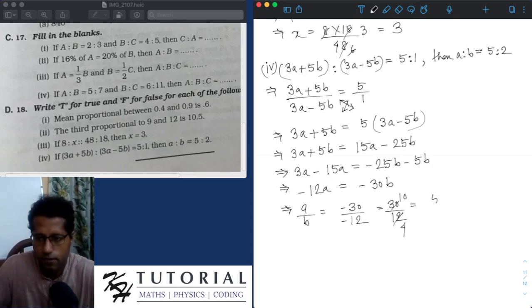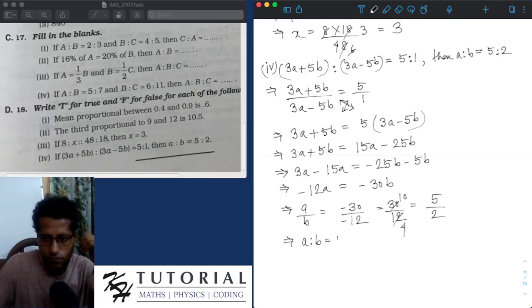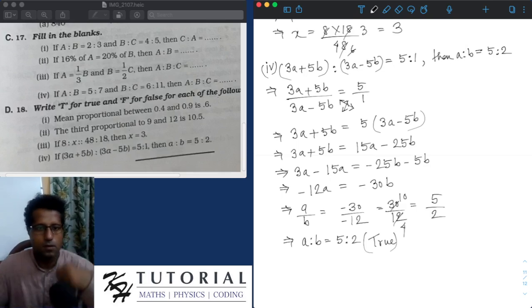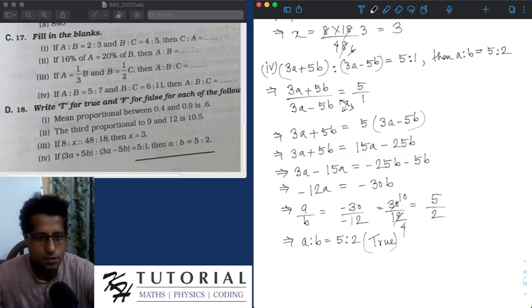So this is 5 by 2. Now 5 is to 2, so this implies a is to b equals 5 is to 2, which is what it is saying, it is given. So this is a true statement. Okay, I think this was the last question.